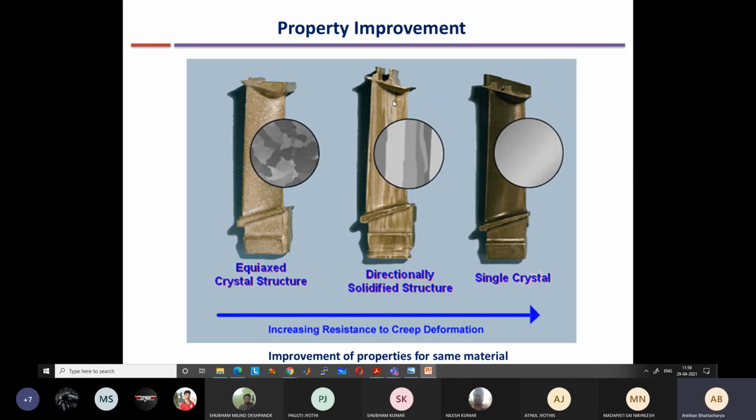It is not the temperature of melting of the blade. The blade will melt at a very high temperature, but because of the creep, we have to keep the temperature limited to a lower temperature. So the blade may melt at 1800 degrees centigrade, but sufficient or very large creep can occur at 1200 Kelvin or 1000 degrees centigrade. So we have to limit the temperature to that. This process is known as directional solidification or Bridgman solidification.